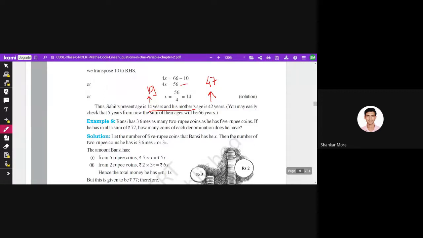So अभी x into 5 मतलब जितने पैसे होते हैं वो हो गया 5x, right? And 2 into 3x, that is 6x. Now 5x plus 6x, that is going to be 11x, and 11x is going to be 77. समझ रहे हो?